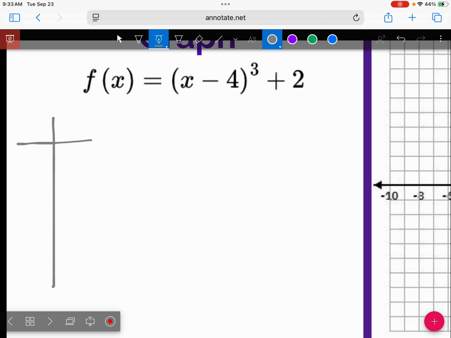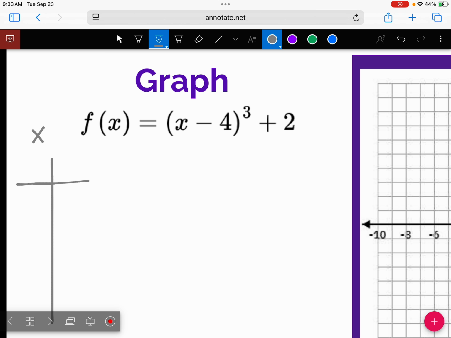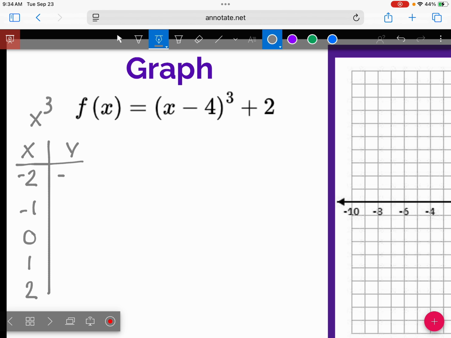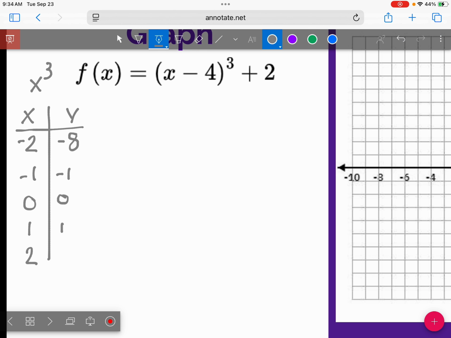So remembering for x cubed as our parent function, we typically use those same x values, -2, -1, 0, 1, and 2. And if we cube them, we'll wind up with -8, -1, 0, 1, and 8.